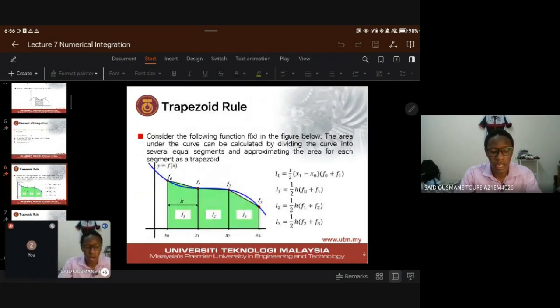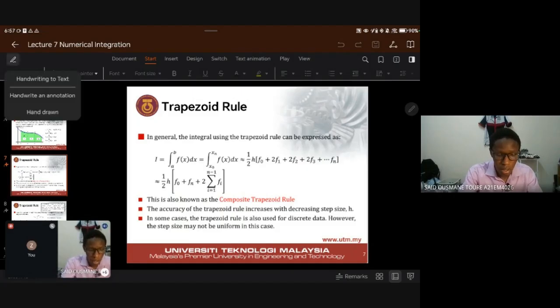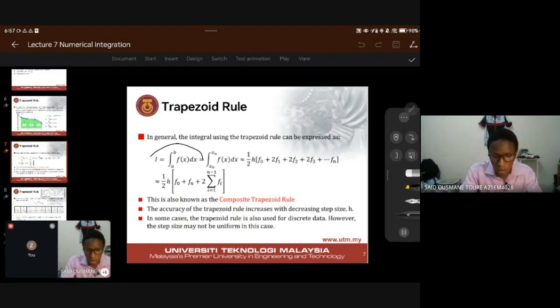It mentions that for a single function where you have an integral, I equals the integral of f(x). If you extend it up to x_n, we will find that this integral equals 1/2 h. H is what? H is the integration step, the steps between, the iteration steps. We'll get into it soon enough.